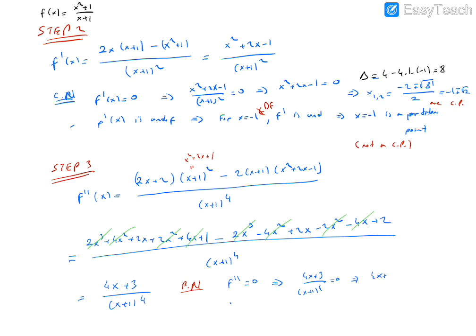So 4x plus 3 equals 0, x equals minus 3 over 4. And f double prime is undefined implies x equals minus 1. Okay, so these are the critical and partition numbers of f double prime. So let's make the sign chart according to these values.